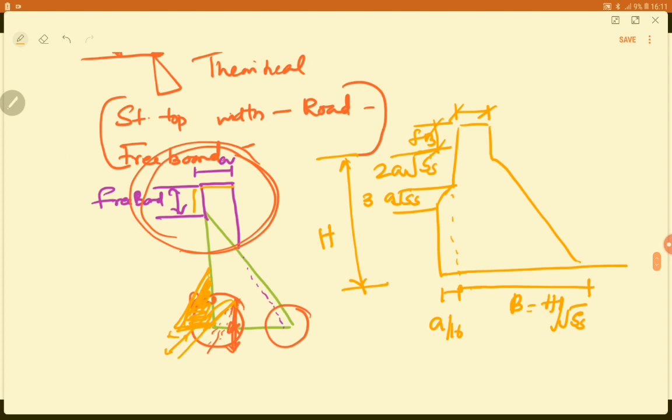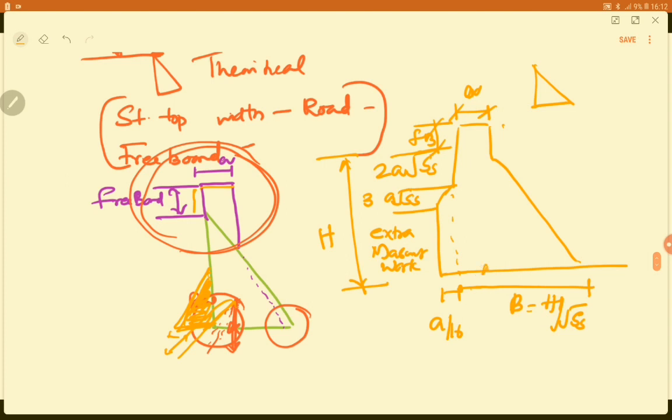The elementary profile is a right-angle triangle, and the practical profile is this one, which has a freeboard, a roadway of width a, and also extra masonry work on the upstream side, so that the resultant is well within the B/6 limit. The resultant doesn't cross the inner B/6 limit.